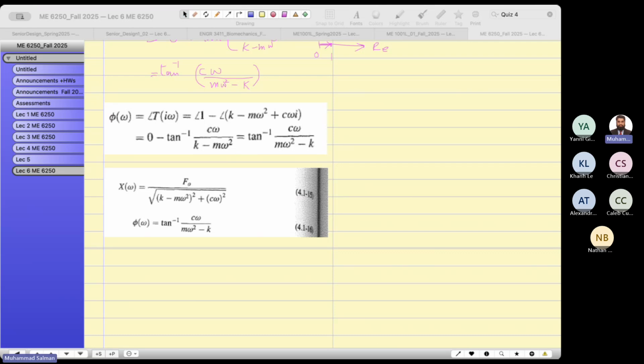Now what I'm going to show you is that if you take this k outside the parentheses, how will it look? F naught over k. So I can write it down like over here, 1 minus m omega square over k, whole square. I'm sorry, this is not k square, this is k.